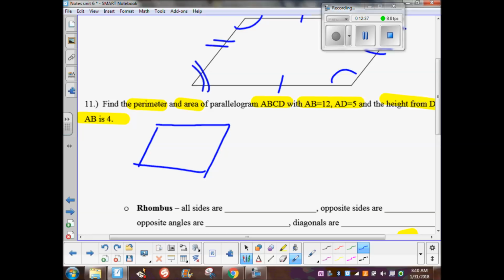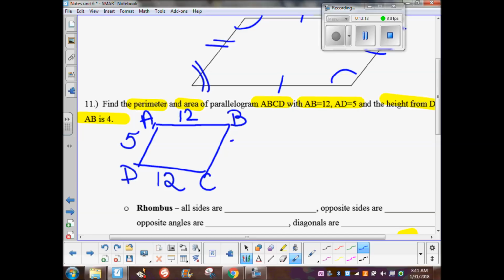It's kind of got a lean to it. And same thing. When you label this, pick a vertex or an angle to start with and go counterclockwise or clockwise around it. And it says that AB is 12. So if AB is 12, what else do we know? CD is 12. And AD is 5. So we also know that what else is 5? BC.